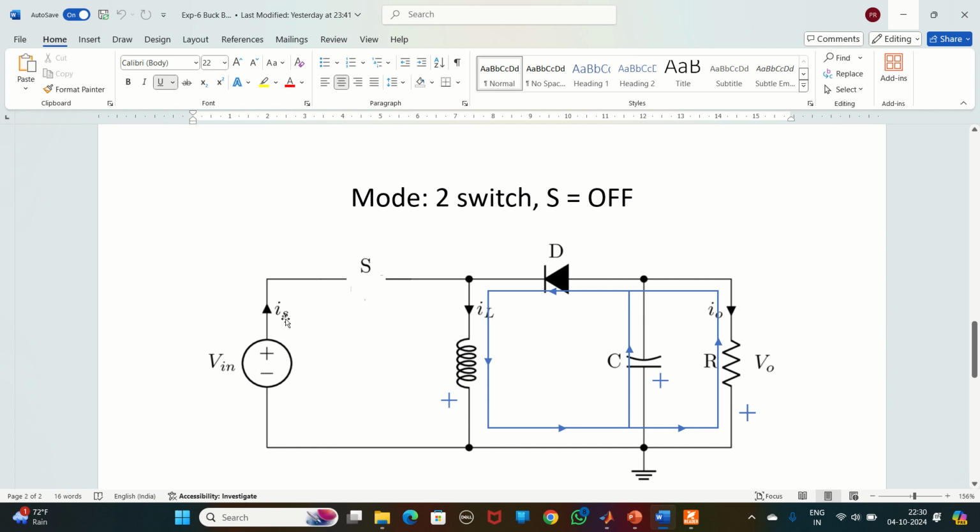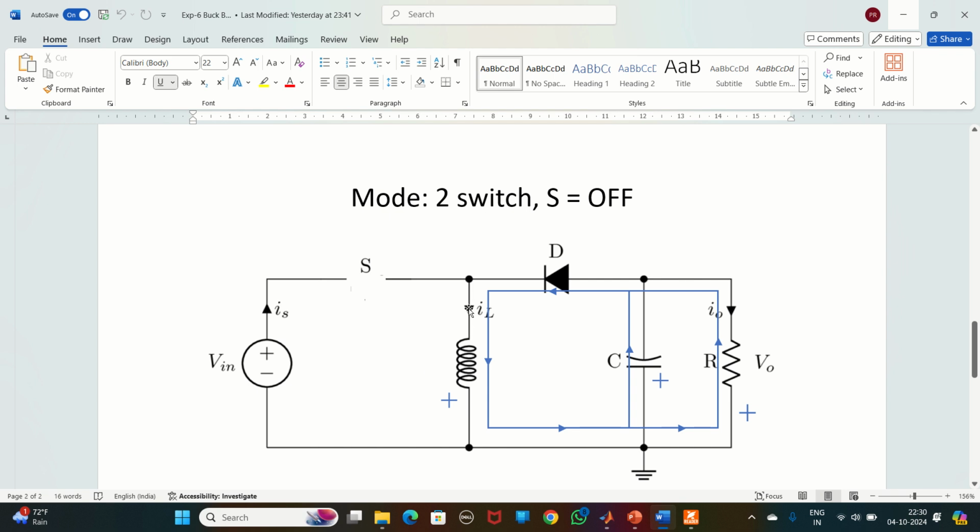Coming to mode 2, that is when the switch is off, that is the switch is open. When the switch is open, Is will not go through. However, remember the property of an inductor: it will not allow sudden change in current, but it will change the polarity. Earlier it was charging, so plus was here; now it tries to discharge.